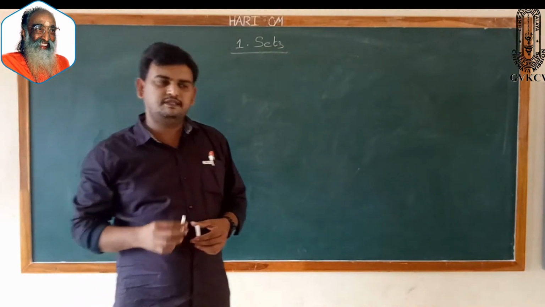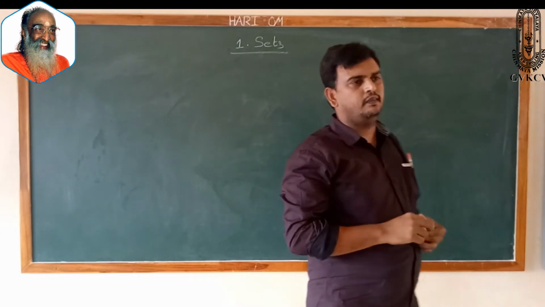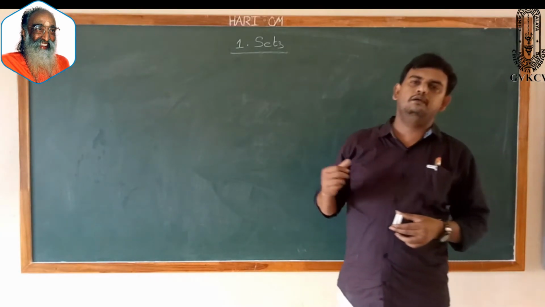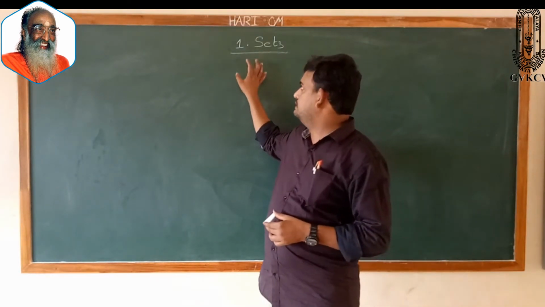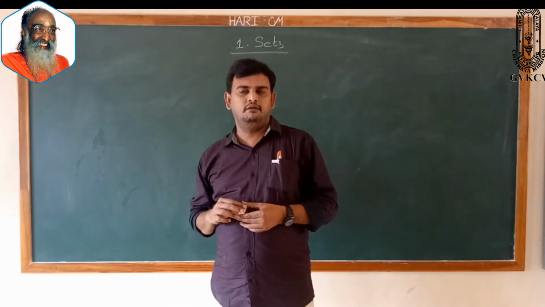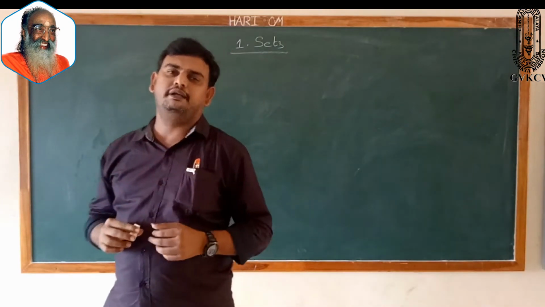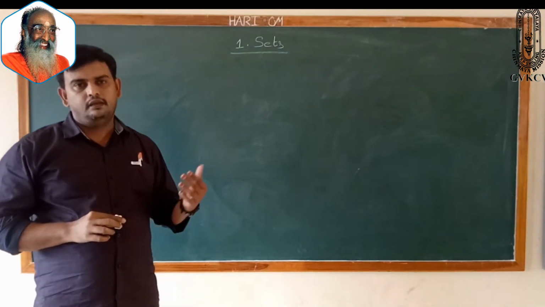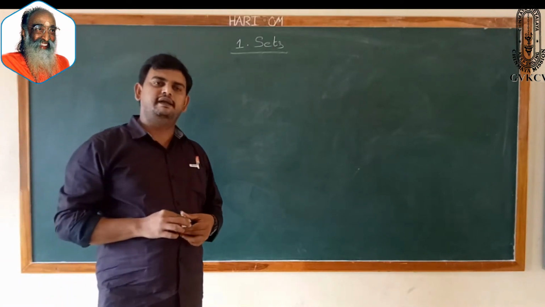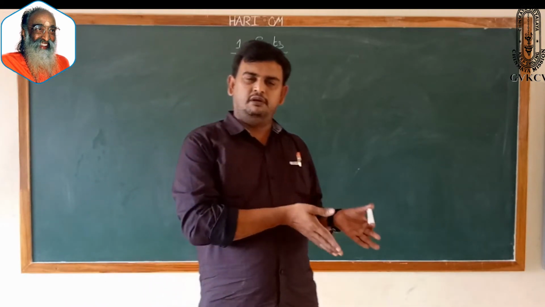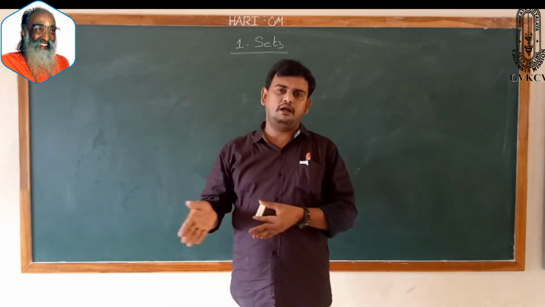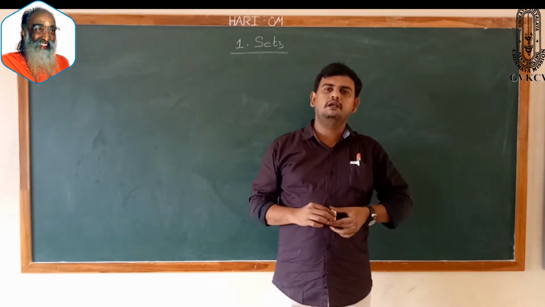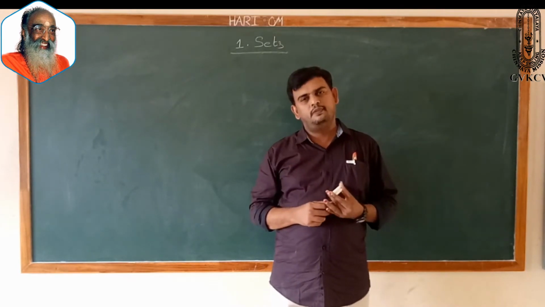What is the meaning of a set? Unknowingly we are using this representation without knowing the terminology of that representation. We have numbers from our childhood onwards till class 10. We are learning about numbers.